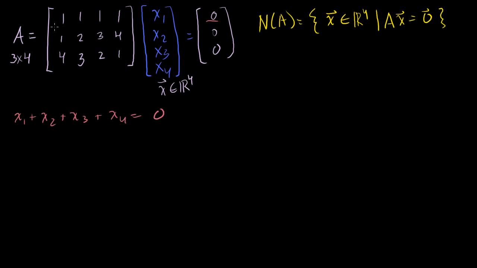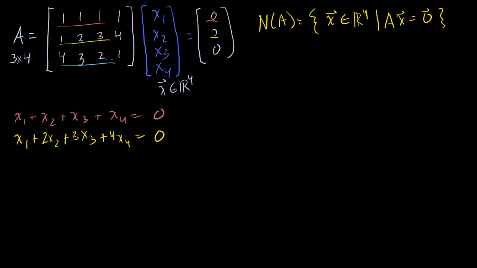So that times that is equal to that 0. And then this times this should be equal to that 0. So you get x1 plus 2 times x2 plus 3 times x3 plus 4 times x4 is equal to that 0.